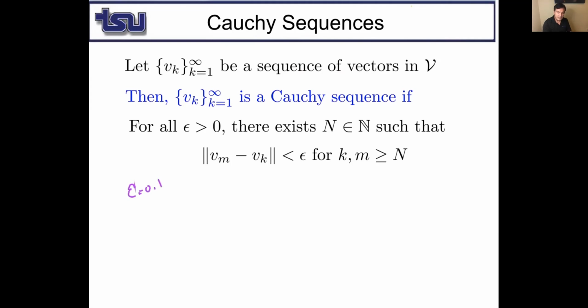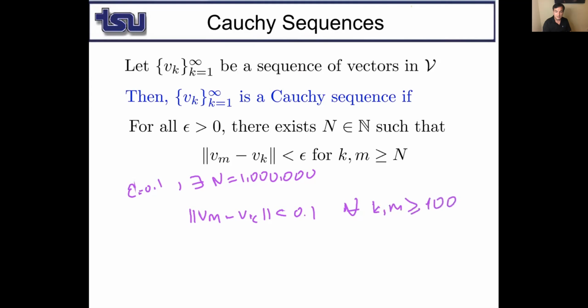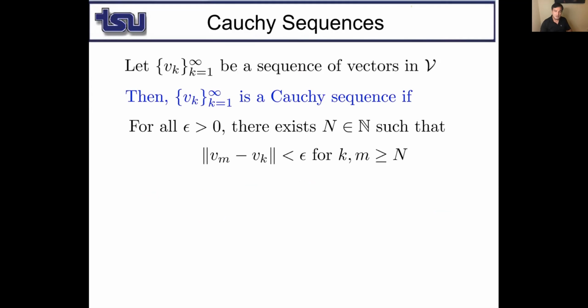Then there exists an N, maybe a million, I don't know, such that ||v_m - v_k|| is less than 0.1 for all k, m bigger than a million. So basically, as the index gets larger and larger, the elements of the sequence get closer and closer to each other. So I am comparing the sequence elements with each other.